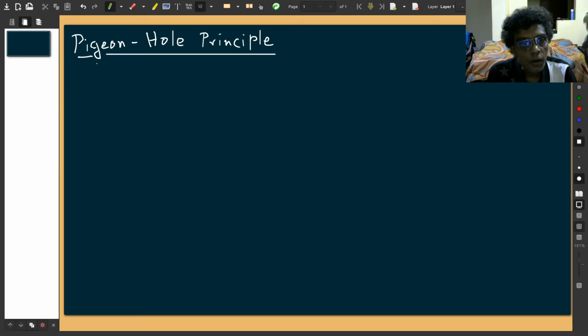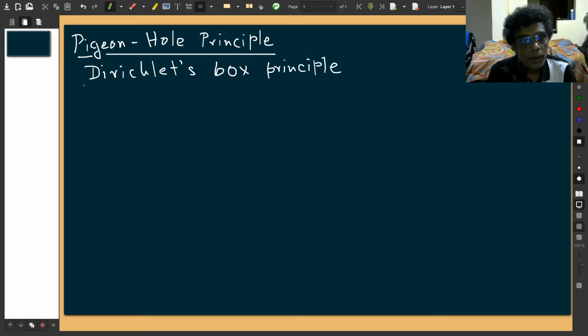This is also often called Dirichlet's box principle, or just simply the box principle. Okay, same thing, box principle or Dirichlet's box principle. So, what is this? This principle goes like this.